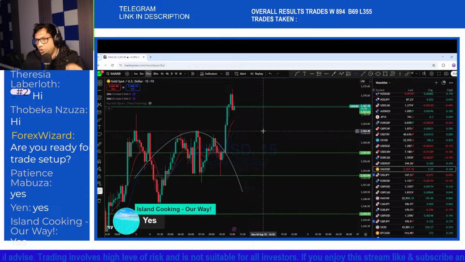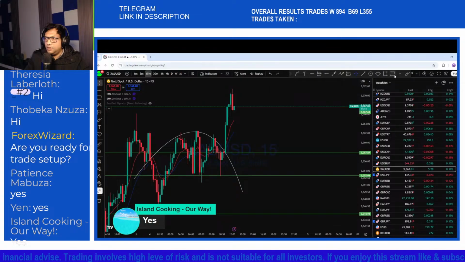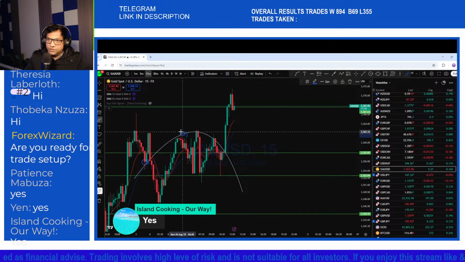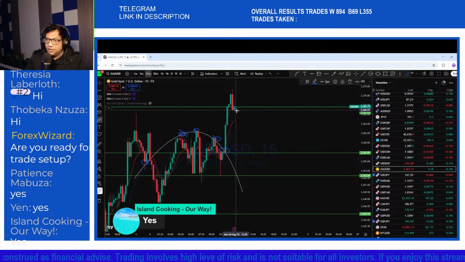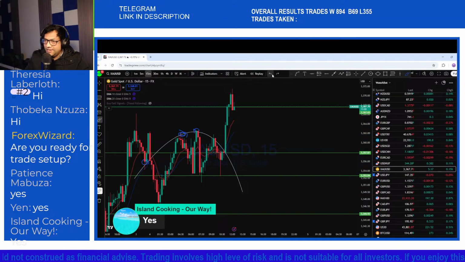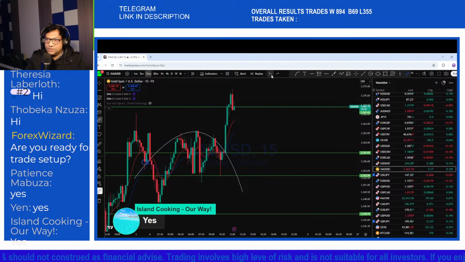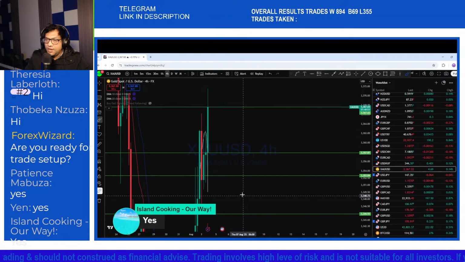Now what we could see here is a retest of this level. You can see this is support which turned into resistance, resistance, resistance, resistance. It could potentially drop back here for another retest, which is also the previous session's low from the 4-hour.